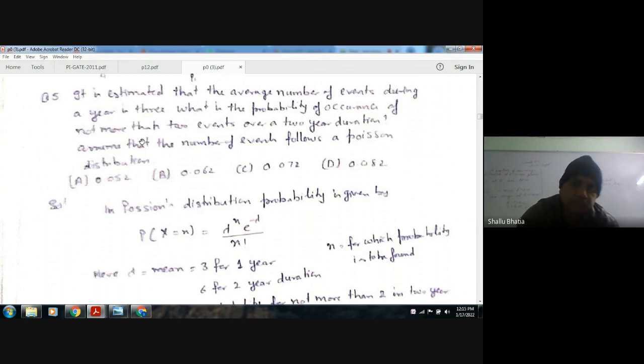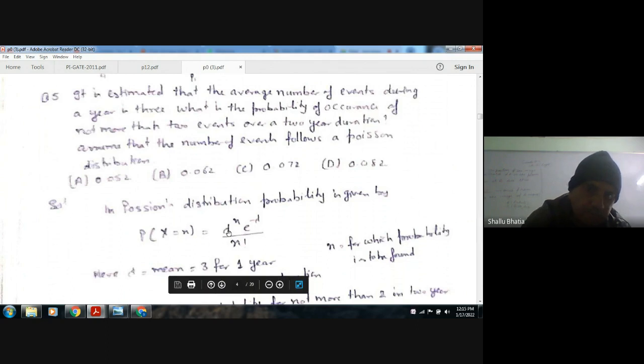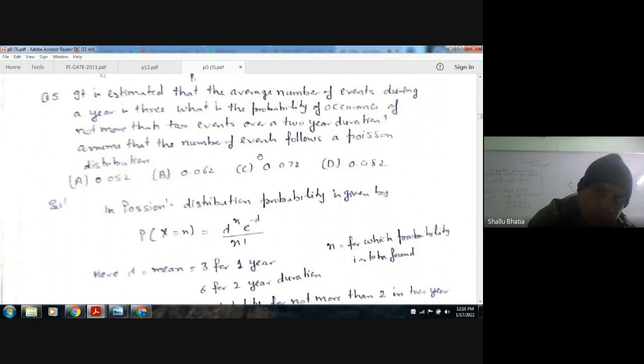So we know that in Poisson distribution, the probability is given by lambda to the power x, e to the minus lambda, divided by x factorial, and lambda is your mean. The mean for 1 year is 3, and as we have to find the probability of events for 2 years, the mean for 2 years is 6.